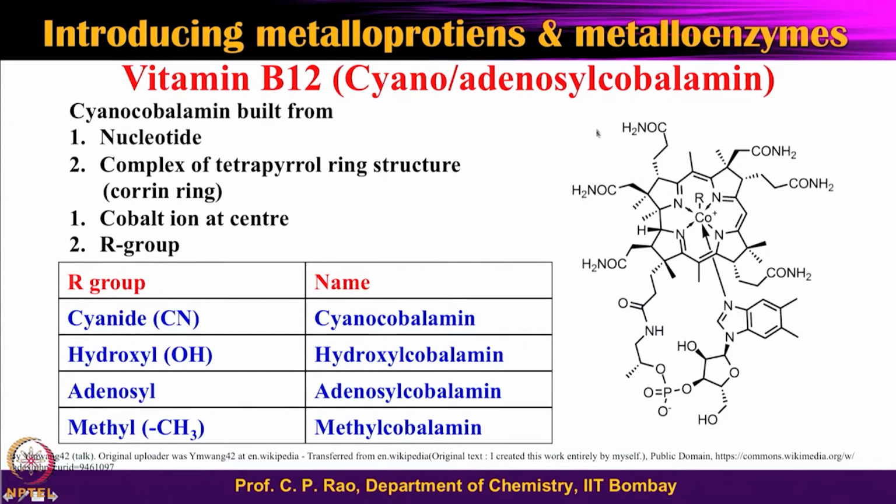So, it has a nucleotide, it has a tetrapyrrole ring which is corrin, it has a cobalt of course at the center, and it has an R group. If the R group is cyanide, then you call it cyanocobalamin. If the R group is hydroxy, then you call it hydroxycobalamin, or you can say aquacobalamin. And when you have an adenosyl moiety, which I will show in later slides, then it is adenosyl cobalamin, and if it is methyl, it is methylcobalamin. I will show some examples.